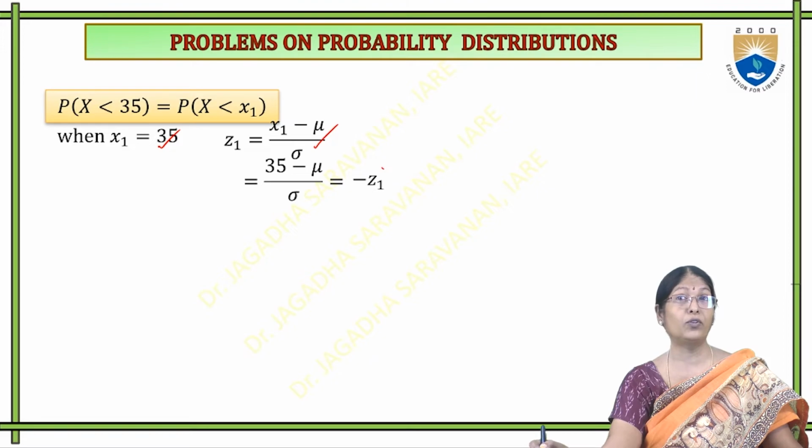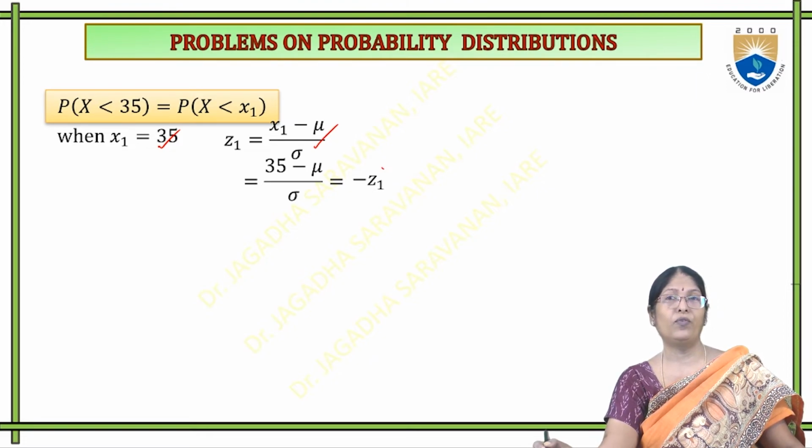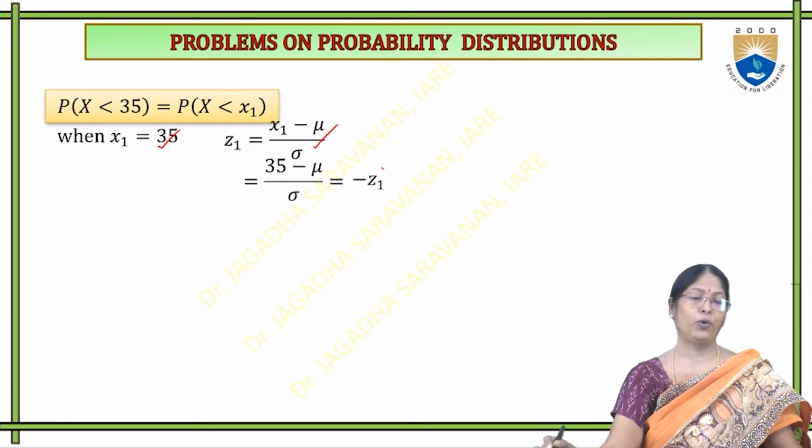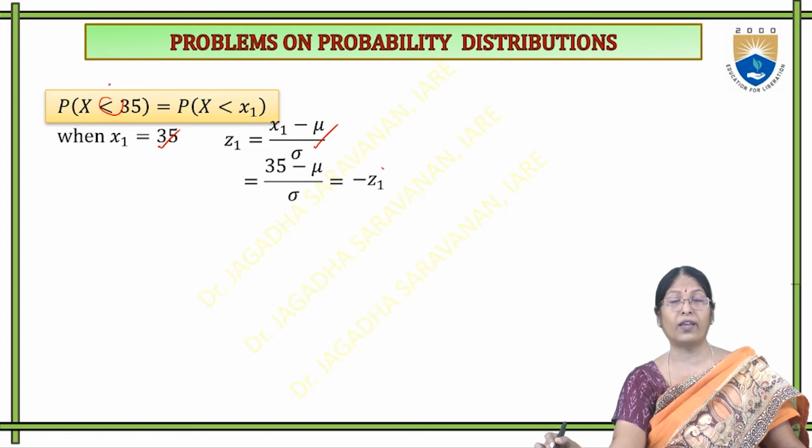Why should the minus sign be kept? It's a good question. Why did we keep the minus sign? Because of the less than symbol. It gives an indication that the point which is going to come and take that particular place is going to be negative, on the left side of the point z equal to 0, because of this symbol.